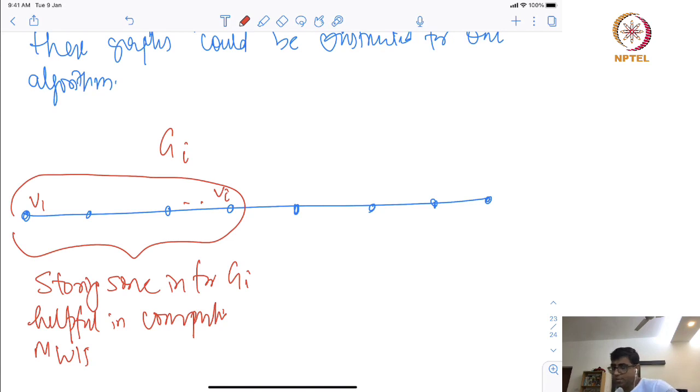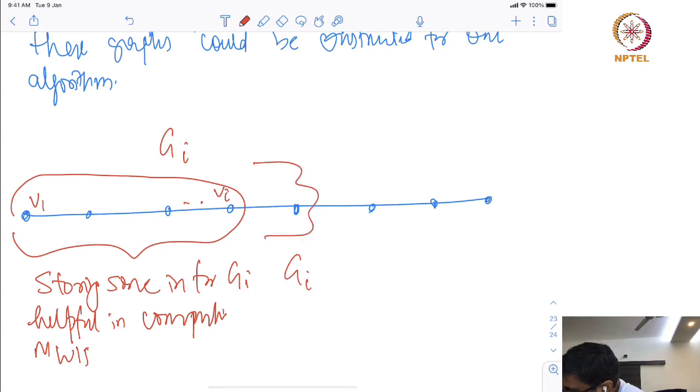So, I want to store some information. And then the next question is, okay, fine. Can I exploit the fact that, look at the graph between G_i and G_{i+1}. This is not much. First of all, this is a vertex which only connects to just one vertex of my previous graph G_i, and that also with some edge.